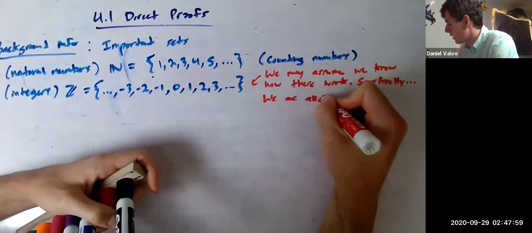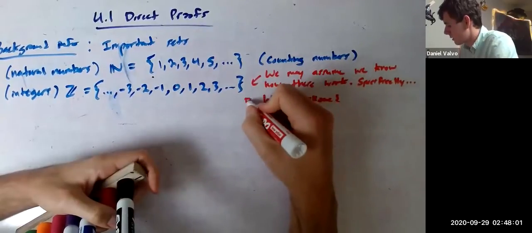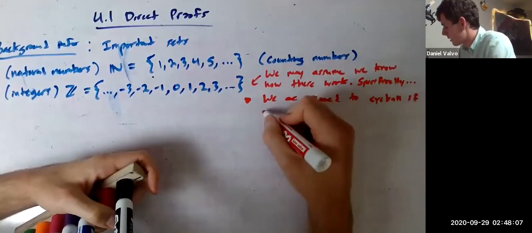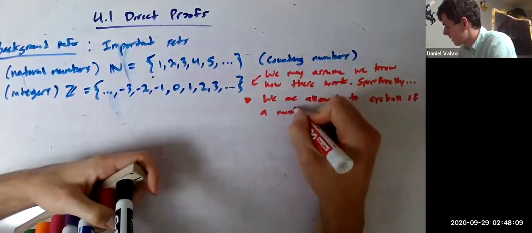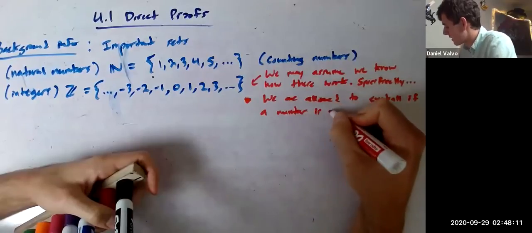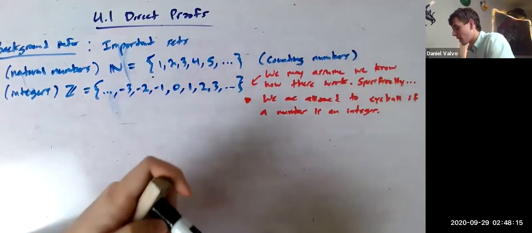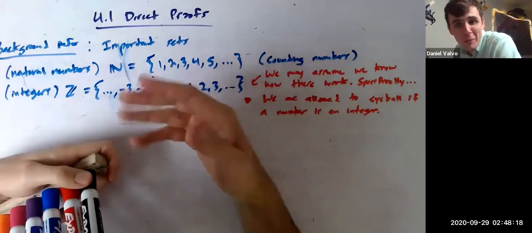We are allowed to eyeball if a number is an integer. Or I guess more formally, I could say you're allowed to identify a number as an integer.